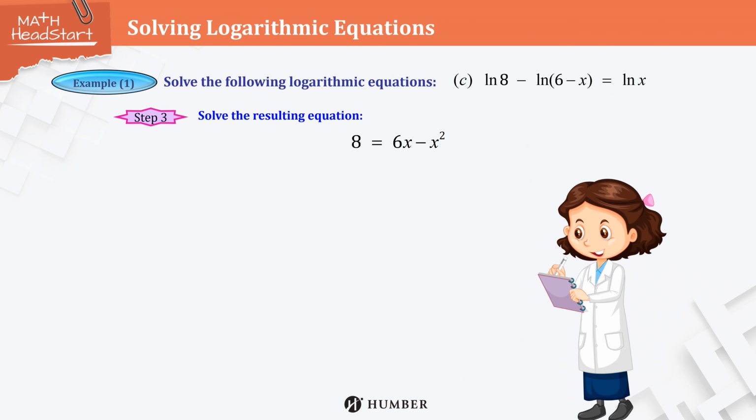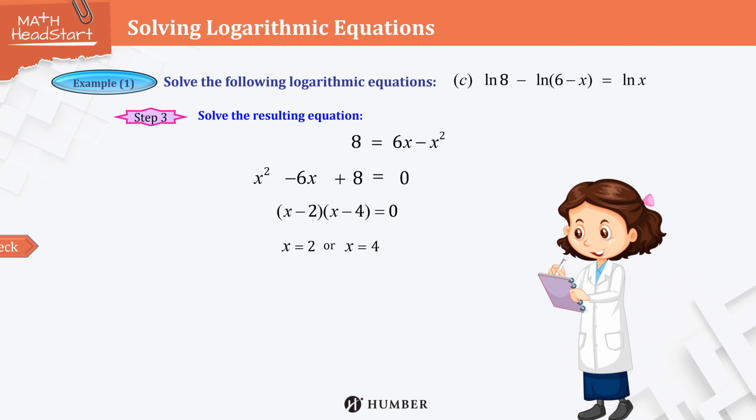This is a quadratic equation, so we should get 0 on one side of the equation. The left side function can be factored as shown. Let each factor be 0 to get x equals 2 or 4.